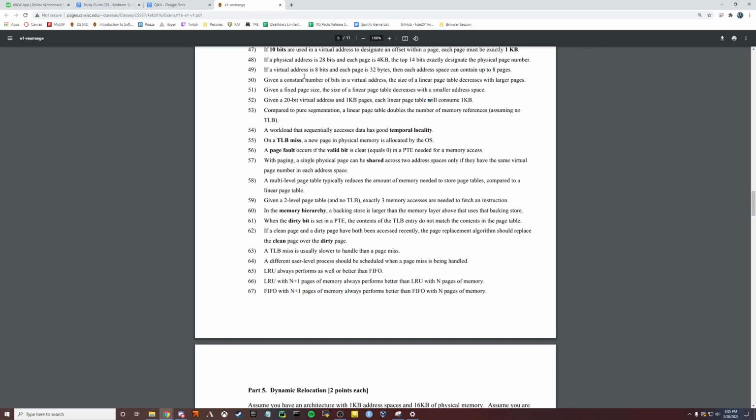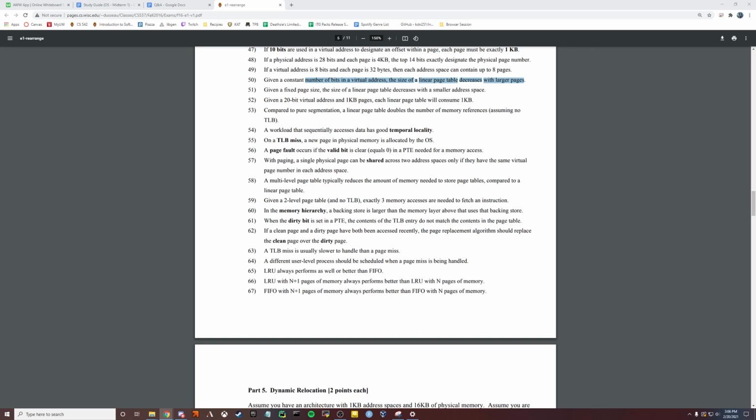50: given a constant number of bits in a virtual address, the size of a linear page table decreases with larger pages. I think there was a slide about this. Wasn't this one of the quizzes we had? Was there some pyramid diagram she drew? I forget. Oh, yes, I think there is a diagram.